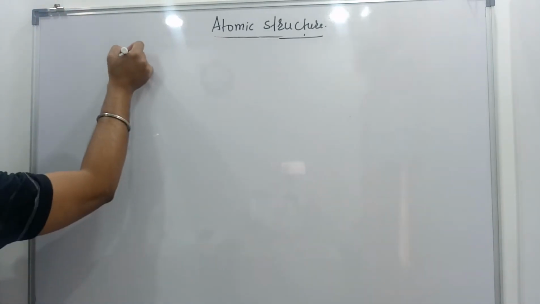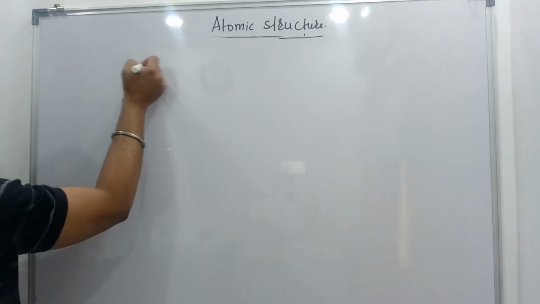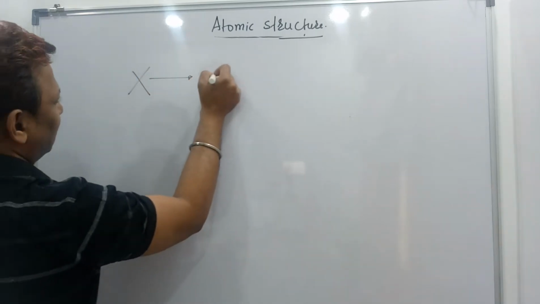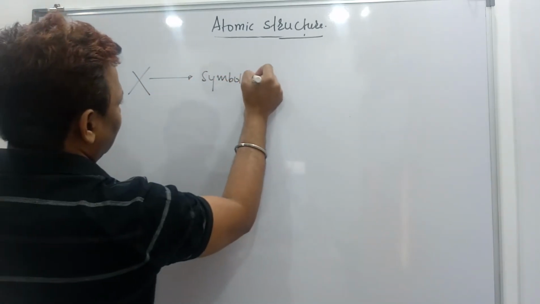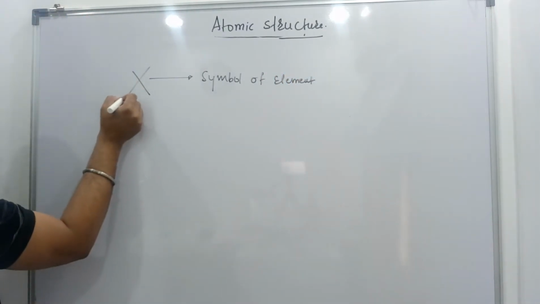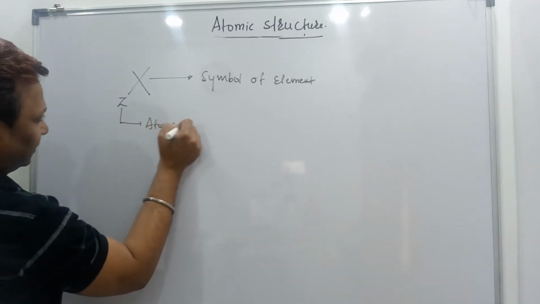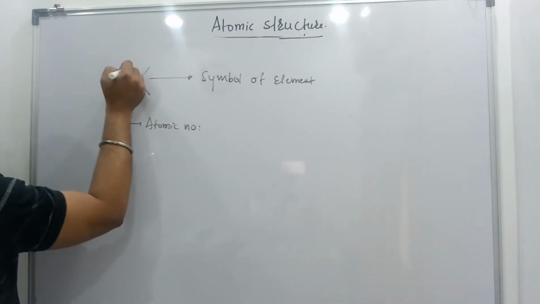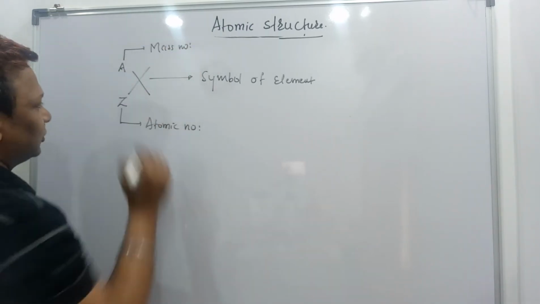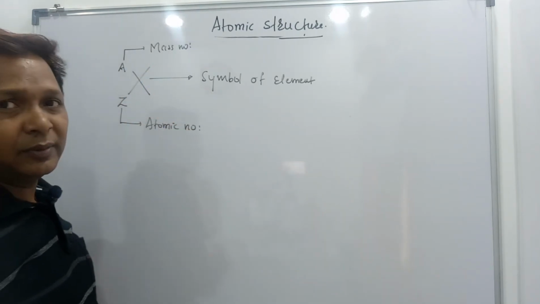Here I am going to discuss atomic number, mass number, number of electrons, number of protons and so on. See here, X is called the symbol of the element. Z, the lower subscript, is called the atomic number, and A is called the mass number.